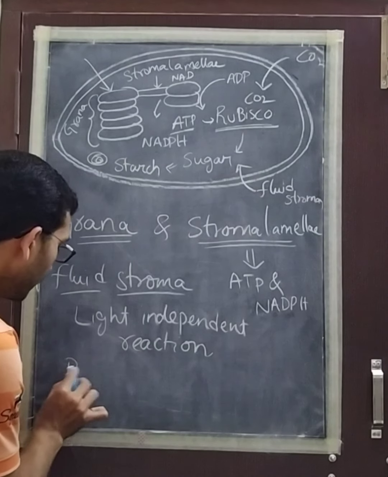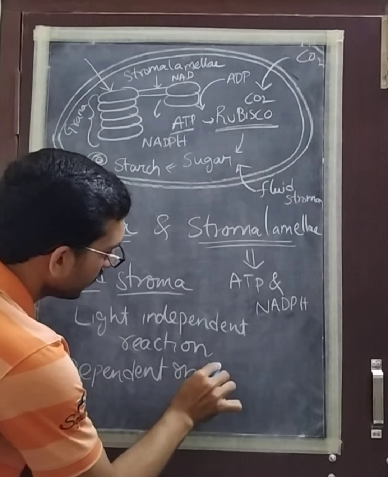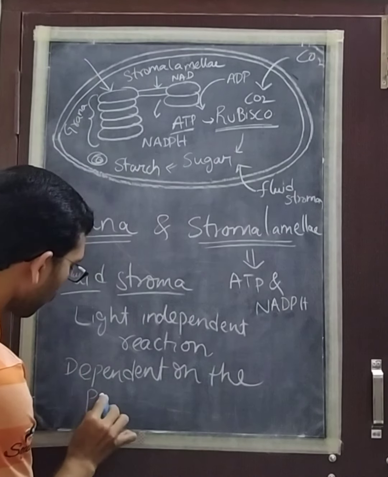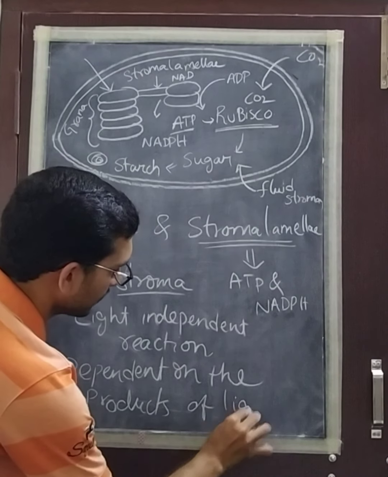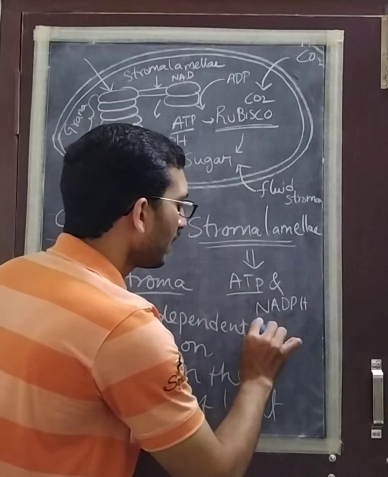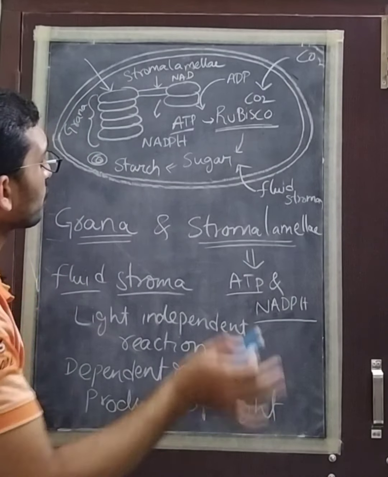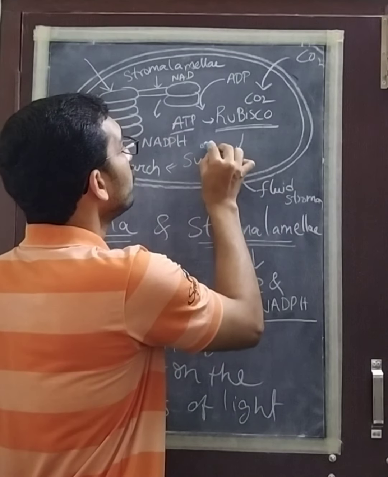What are the products of light? ATP and NADPH. Inside the chloroplast you can also find lipid droplets.